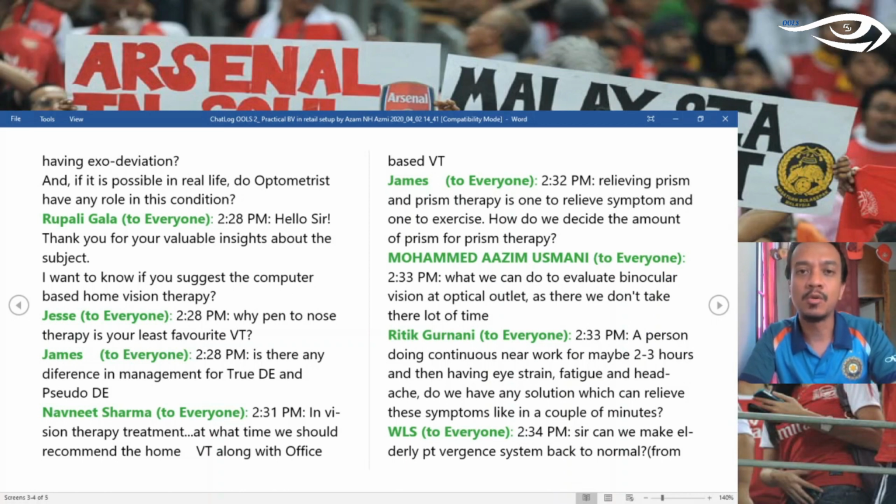Usually if exo, they will either have lower PFV, and if let's say they still have an exo and normal or higher than normal PFV, usually they come with no symptoms. So to answer your question, do optometrists have any role in this condition? Yes, if the symptoms arise from the condition.